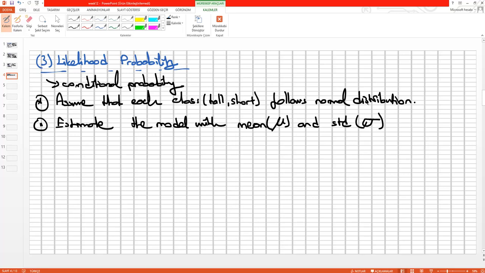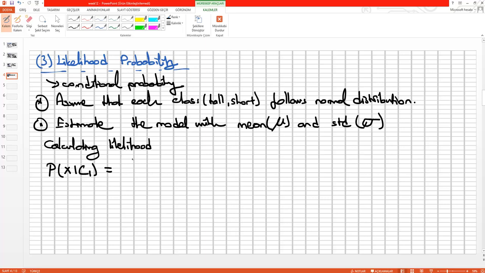How can we calculate this likelihood? Calculating the likelihood can be given by P(x | C1), which means that if we have the C1 class values, we can control how much data is contained in this class.